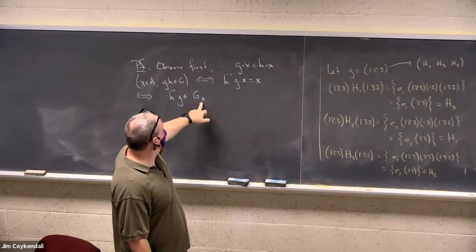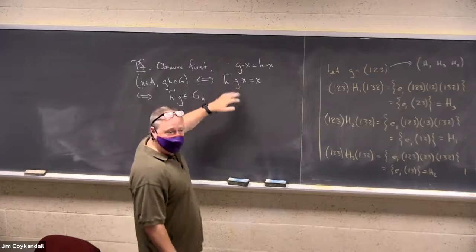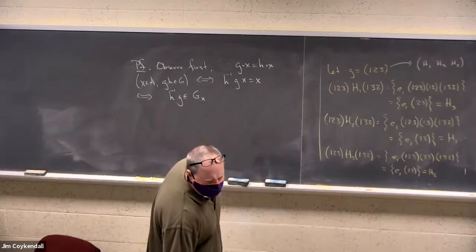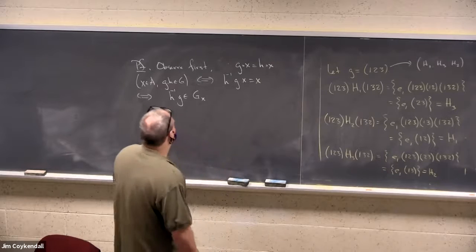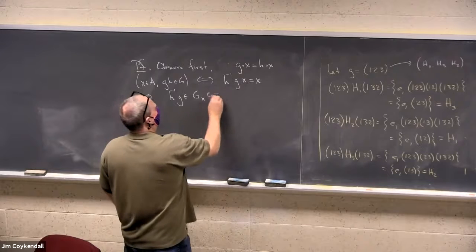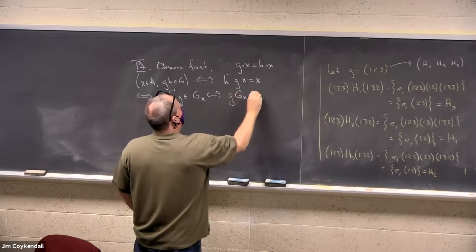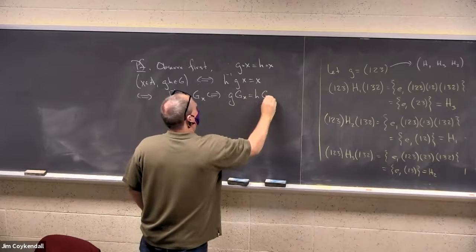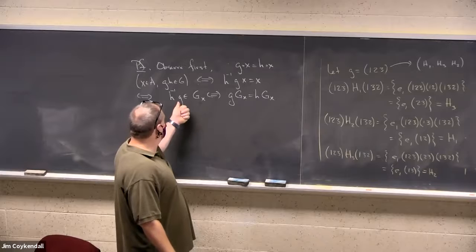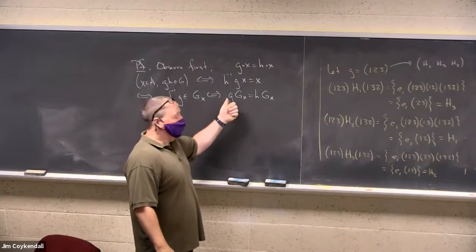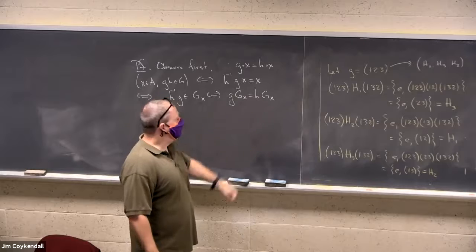Remember what G sub x is: that's just all the things that leave x alone. And so h inverse g is one of these things that leaves x alone. And of course, h inverse g is in this set if and only if the left coset g G_x is equal to the left coset h G_x.